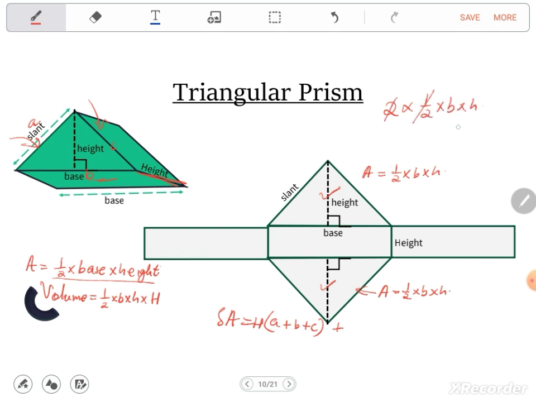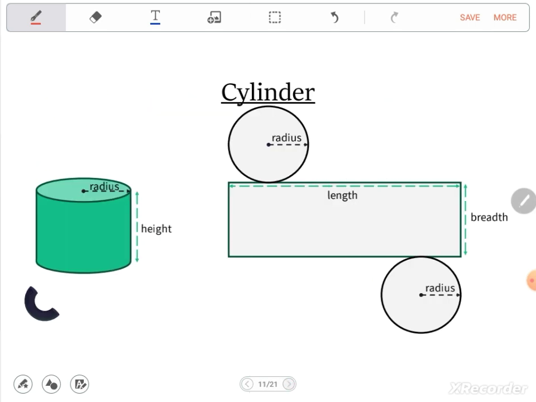The half cancels the 2, so we are left with base times height. So we have now covered this section, this one, and this one, and this one covers the 2 triangles. So that's how we get the formula for the surface area of a triangular prism.